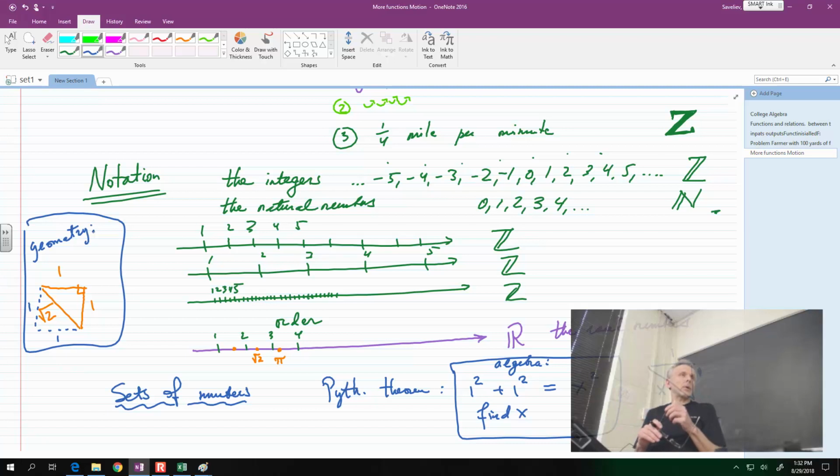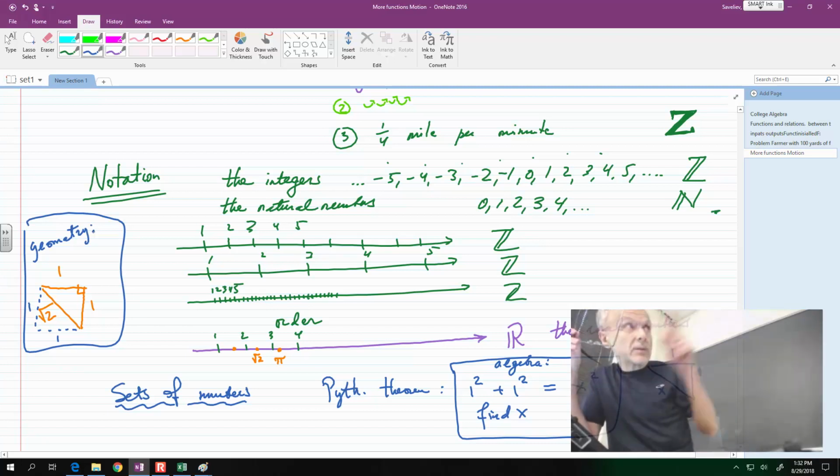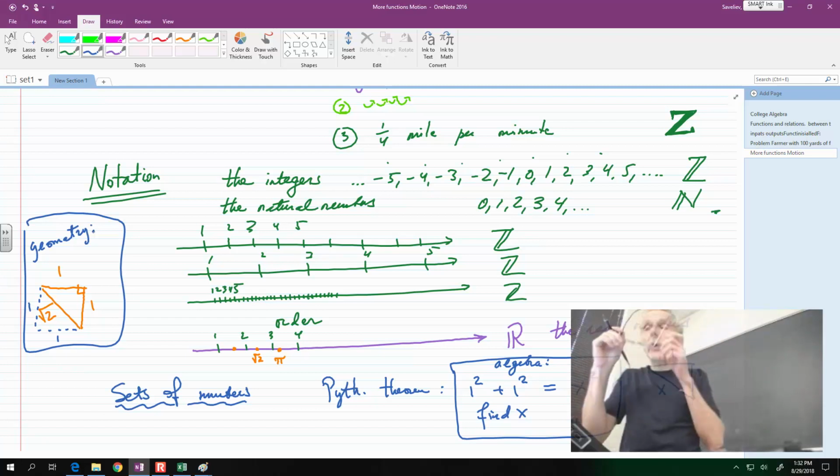Okay, so the history goes way back to 500 BC, where at the time the Pythagoreans thought that all numbers are fractions. They built the whole religion based on that, and then somebody discovered that square root of 2 is not a fraction. So that was a big blow to their religion.